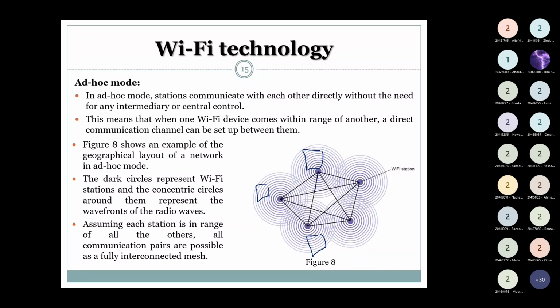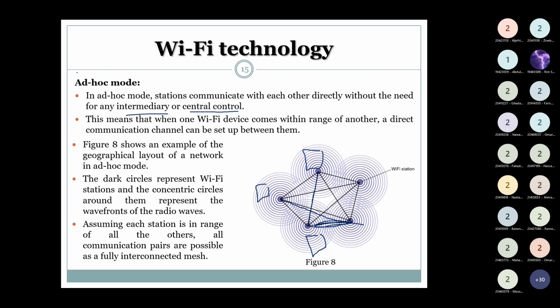Sadia can communicate directly with her friend Rima. I can communicate with Rima directly, etc. So we don't need any intermediate or central control. We can communicate directly.